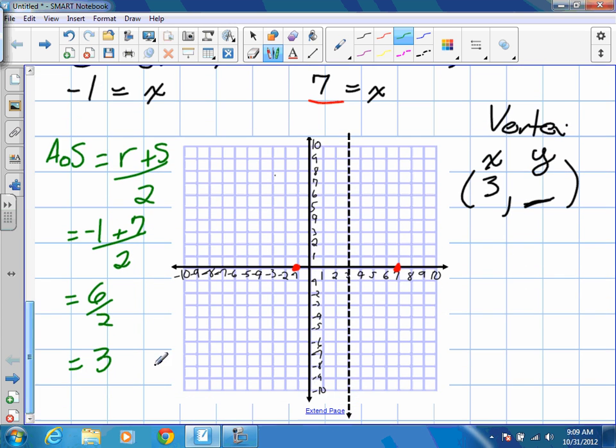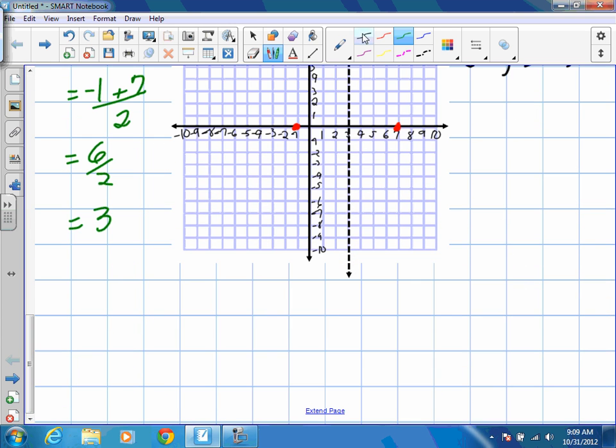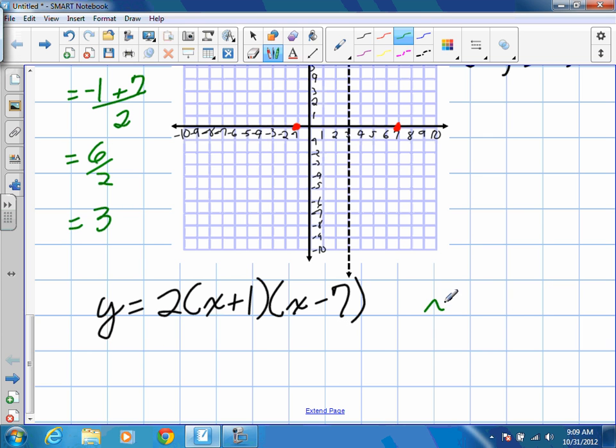Let's rewrite it. Y is equal to 2(x plus 1)(x minus 7). Well, we know that the x value of the vertex is when x is equal to 3. So we're going to replace both the x's in those brackets with the number 3, and we're going to solve for y. Y is equal to 2(3 plus 1)(3 minus 7).